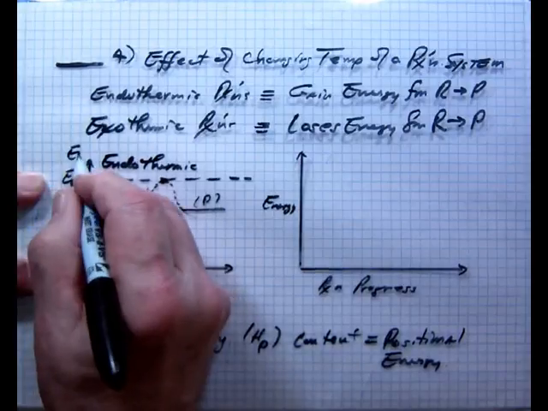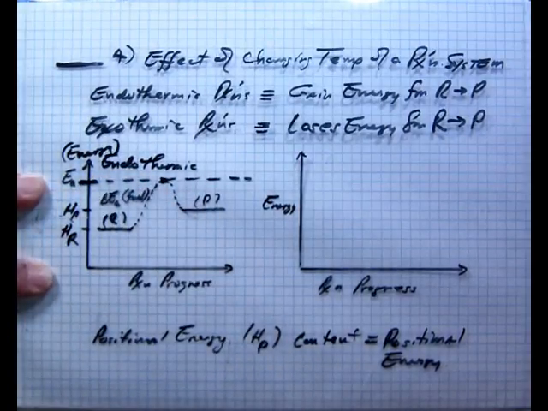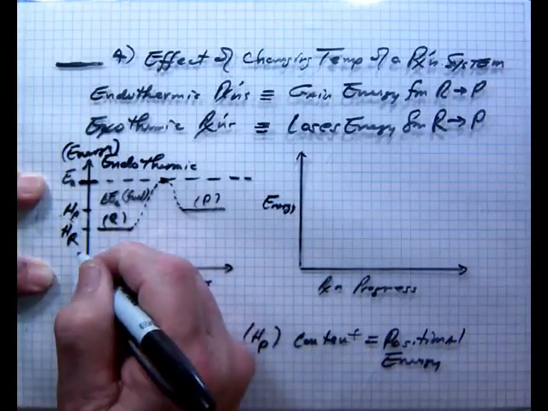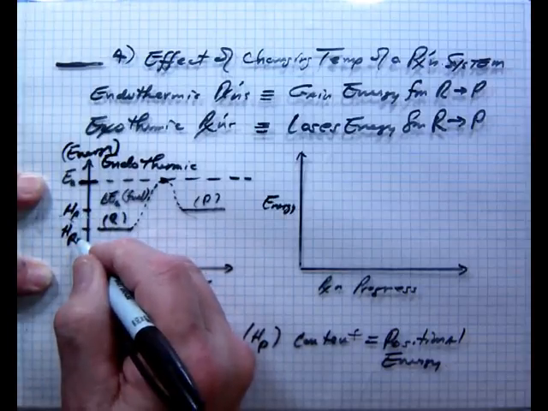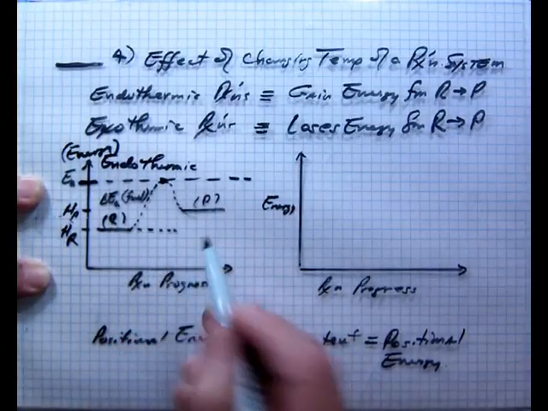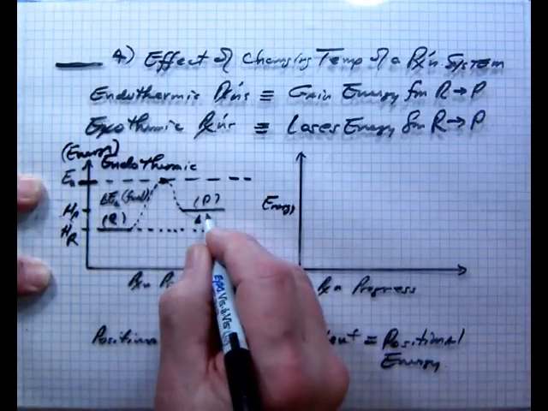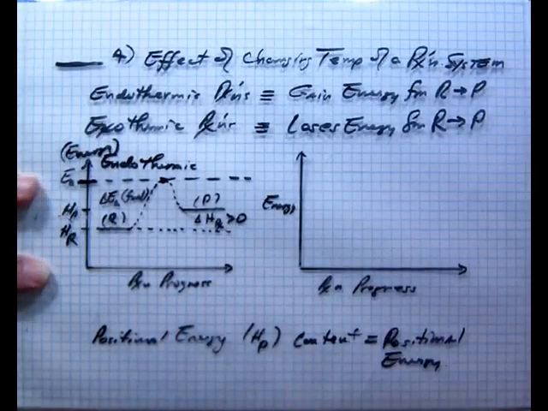I'll put energy here. So the energy of the products is a bigger number on the vertical scale than reactants, right? So if HP is bigger than HR, and I take the difference to get the delta H, I will be talking about, or I have calculated, what we call the delta H of the reaction, and it's greater than 0 in this case.